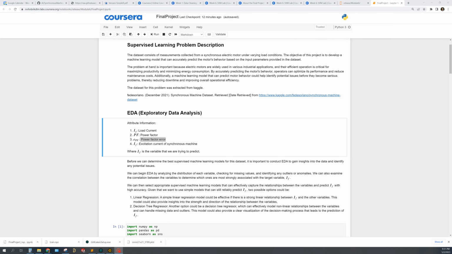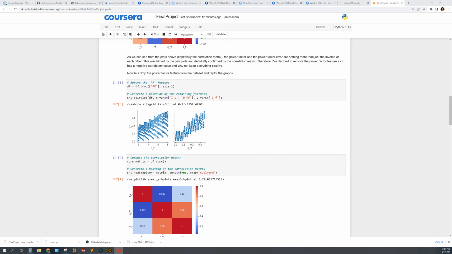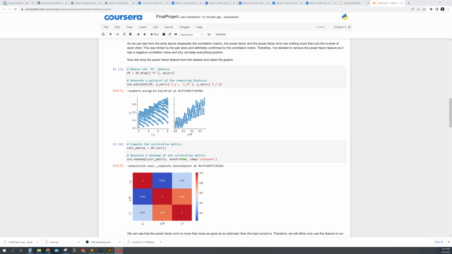Okay, so now the features we're going to be looking at are load current and the power factor error. With just 2 features of very erratic, eclectic data sets, we're going to see if we can put an accurate model together. My expectations were not really high.